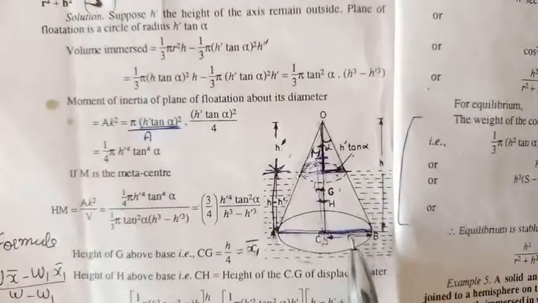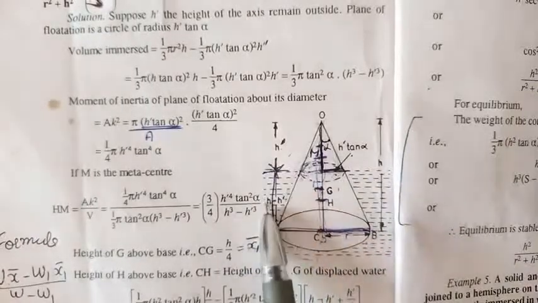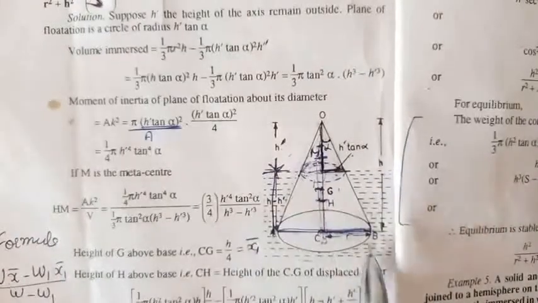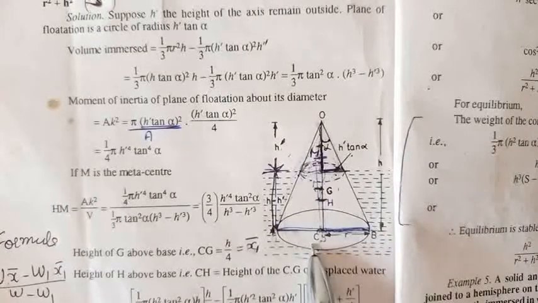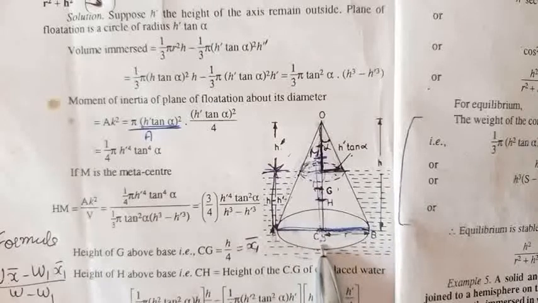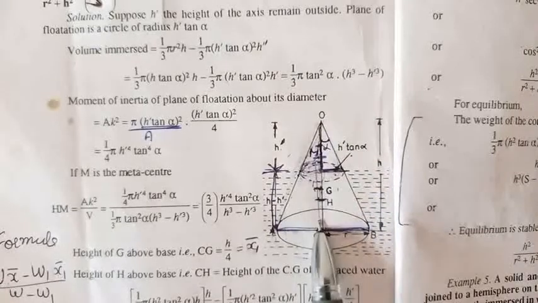So to prove this expression, let us consider a cone having the height as h and the radius of the base is r. This cone floats in a liquid. The specific gravity of the liquid is capital S. Let us take OC is the axis of the cone.